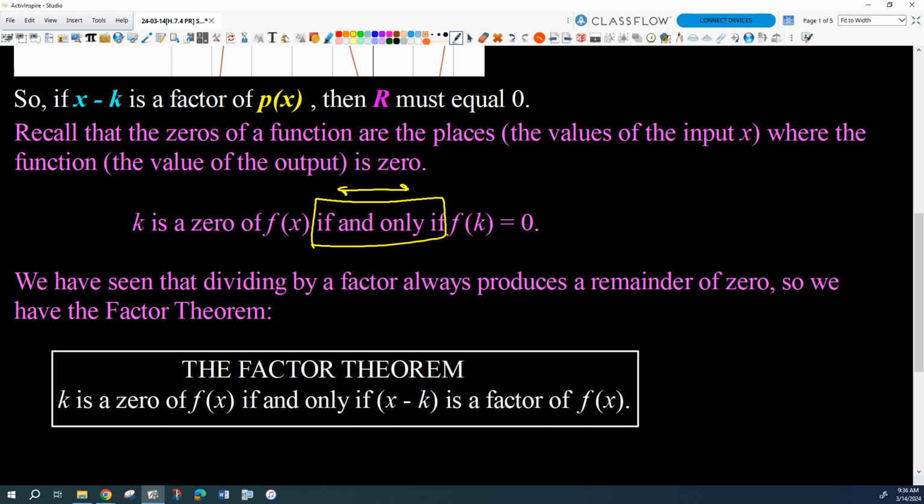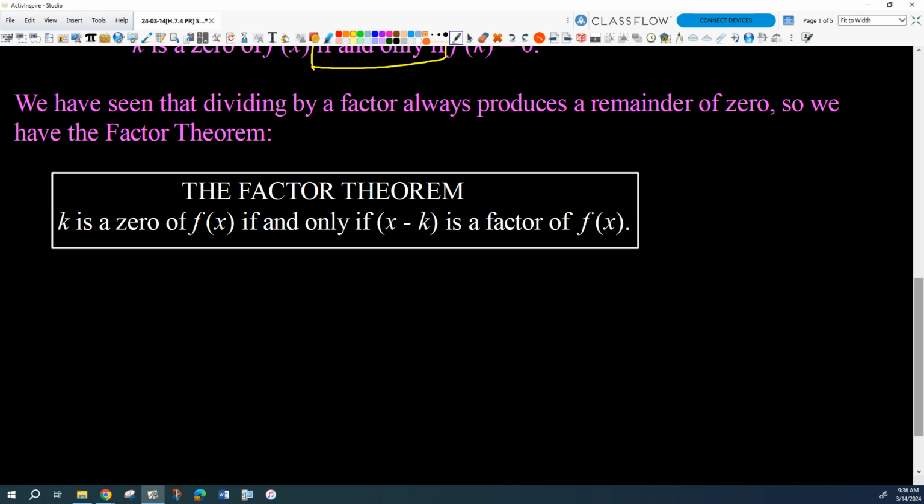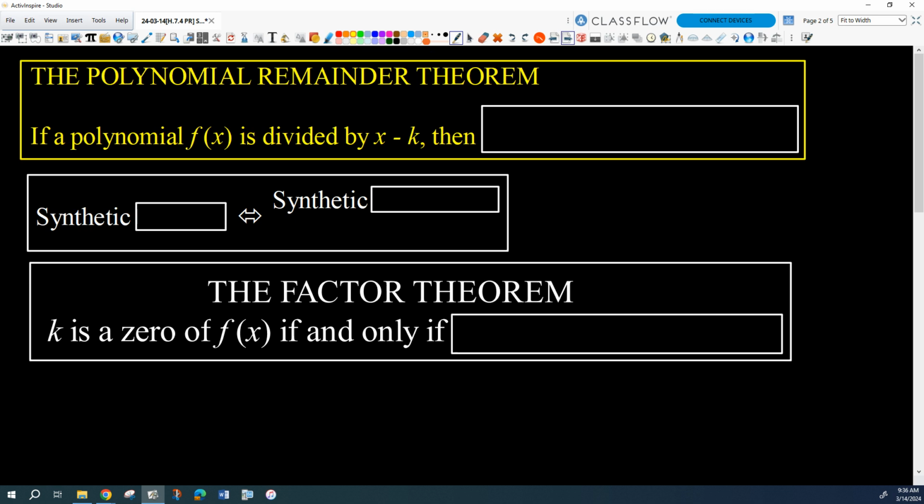So we've seen that dividing by a factor always produces a remainder of zero, and so we end up with the factor theorem. There it is. Okay. So what can we do with this? Just a quick reminder. You guys fill in the blanks for me. Polynomial remainder theorem. If a polynomial f of x is divided by x minus k, then what does the remainder theorem tell us?